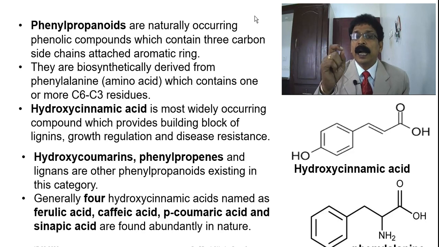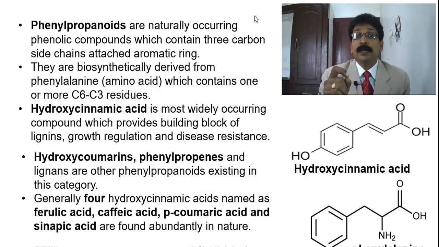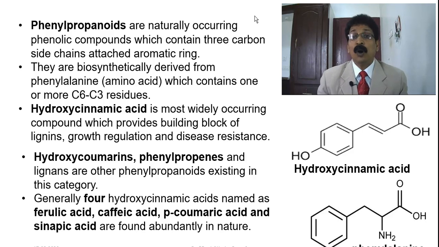So this is hydroxycinnamic acid, which you should remember here, because it is the most widely occurring compound, the building block of lignin, growth regulation and disease resistance. So you have to know about this hydroxycinnamic acid structure.